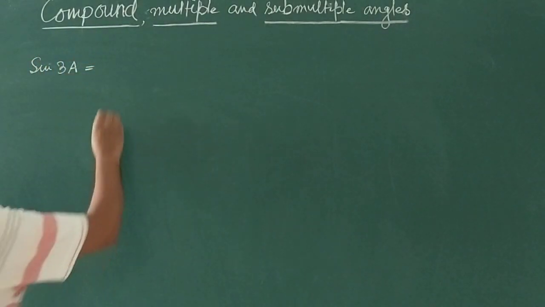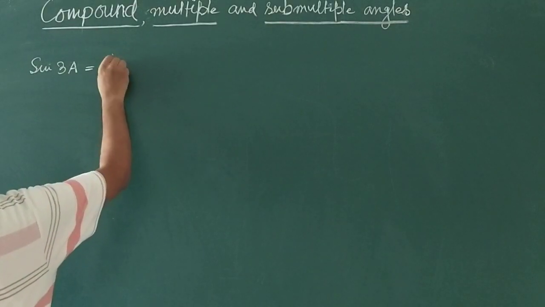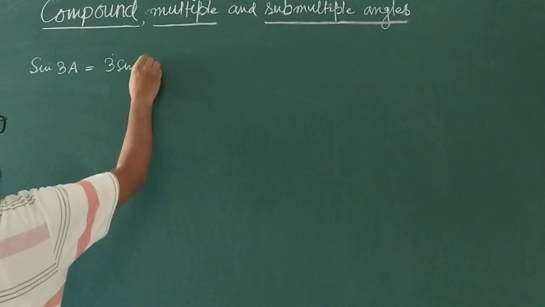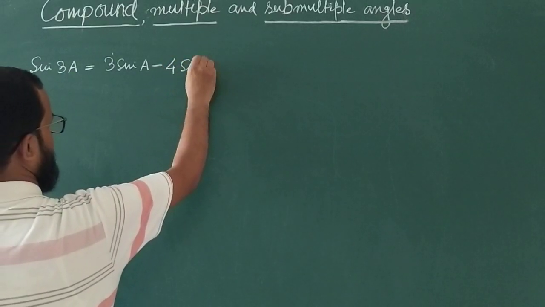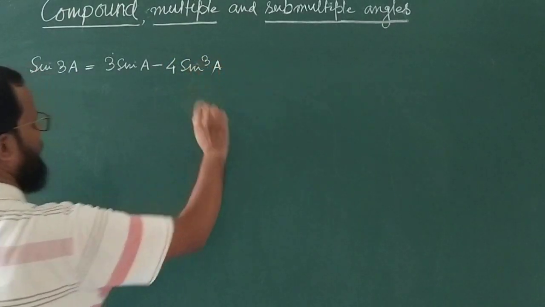sin 3a equal to 3 sin a minus 4 sin cube a.